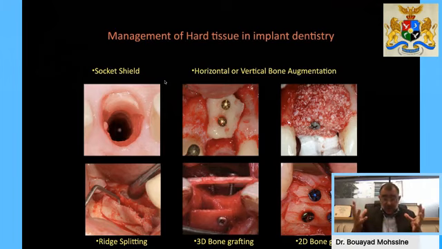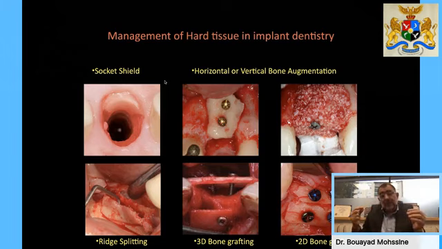You can do the socket shield if we have not enough bone in vestibular position, and we have to leave the vestibular part of the tooth to preserve the vestibular bone and place the implant in palatal position. Also, you can have a ridge splitting.